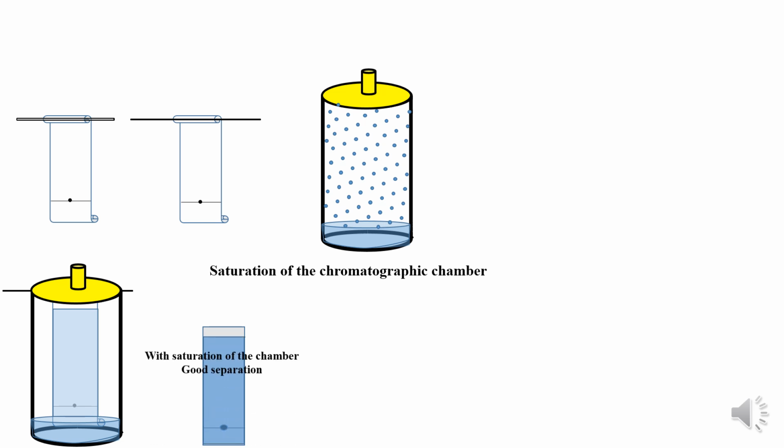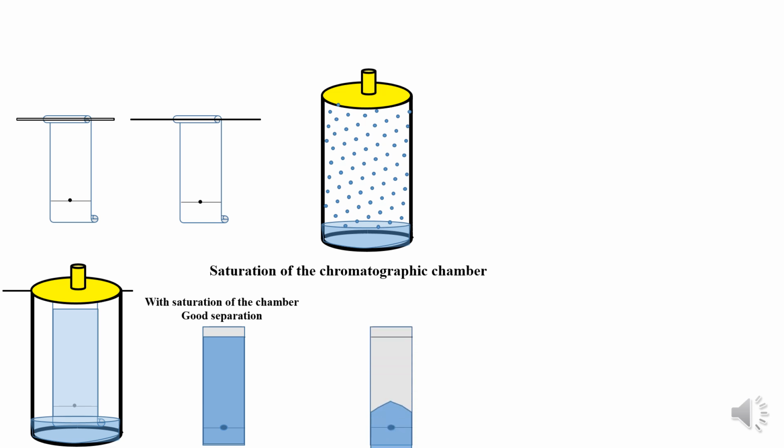When the separation is done with saturation of the chamber, you end up with a very good separation. When you carry out the separation without saturating the chamber, you will end up with edge effect.